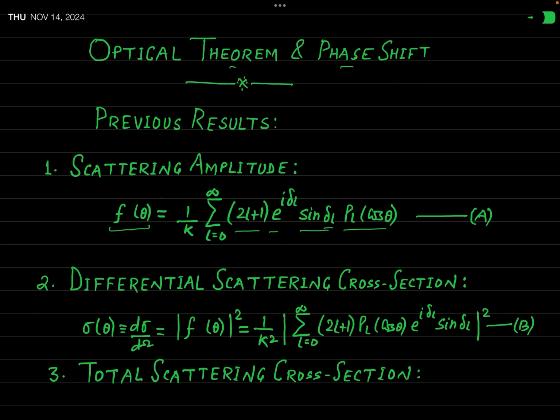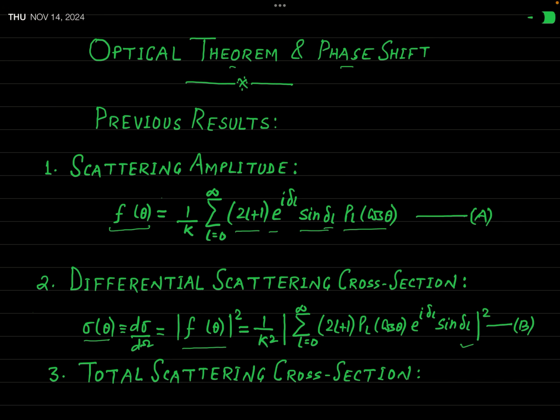After that you learned about the differential scattering cross section, denoted by sigma of theta or d sigma by d omega, which is simply equal to the square of the modulus of the scattering amplitude f of theta.